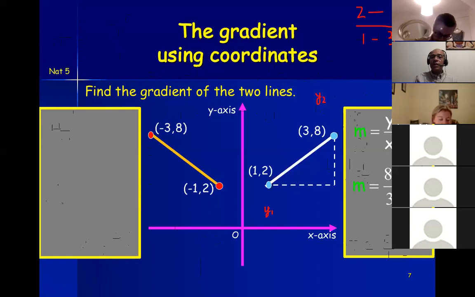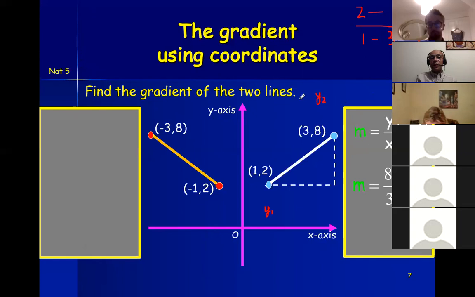But then that means 2 minus 8 is negative 6. 1 minus 3 is negative 2. So what's negative 6 divided by negative 2? A positive 3. So you need to remember that. Whereas if I tell you what's 6 divided by 2, it's easier to think about, oh, I've got some negatives to deal with. So that's why we do it this way.